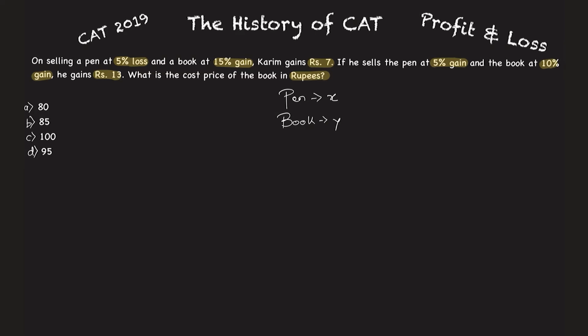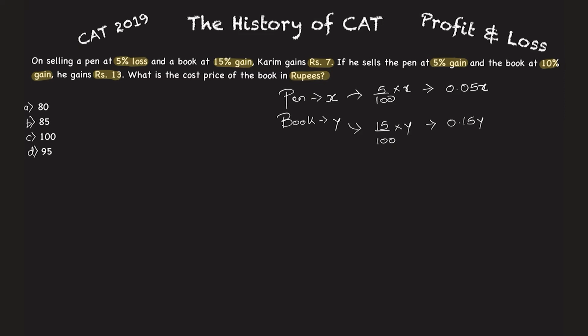With a 5% loss, the loss is 5% of X, which is nothing but 0.05 of X. Then a 15% gain over the cost price of the book means 0.15 of Y is the gain.